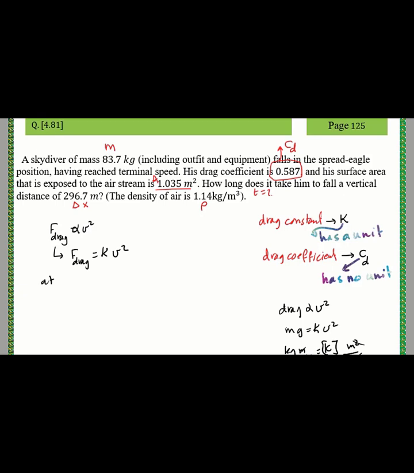At terminal velocity, which is constant by the way, F drag should be equal to Fg. In this way, we have equilibrium because two opposite forces are equal to each other. The F net equals 0, so the acceleration is 0.